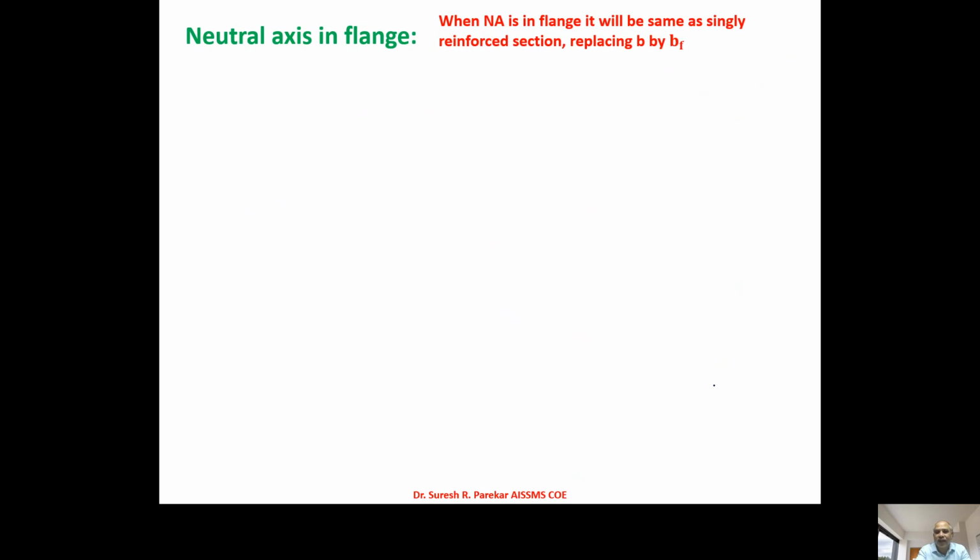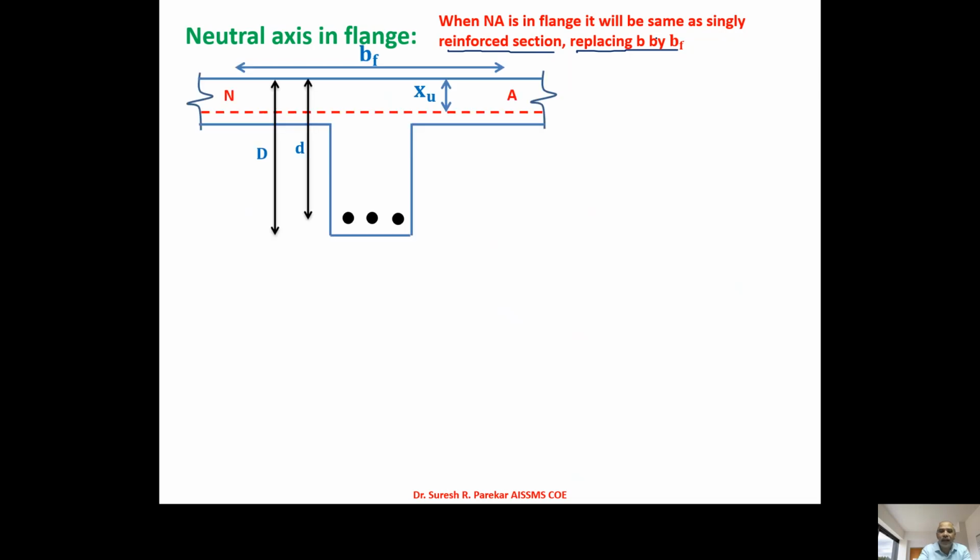Now, neutral axis in flange. This is very simple. You just read this. When the neutral axis is in the flange, it will be the same as a singly reinforced section, replacing B by BF. We have this as the flange section, and we are saying we have neutral axis XU lying in the flange. Now to find XU, we simply use CU equal to TU.